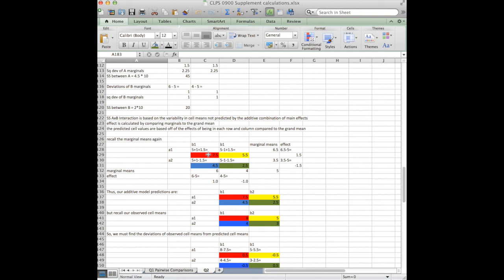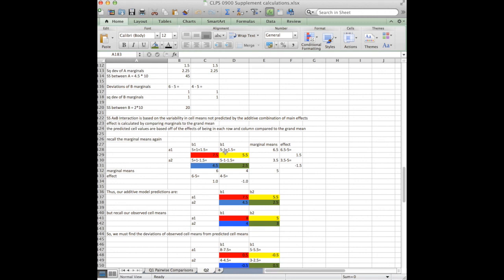We do the same thing for each of the cells. Here, grand mean of 5, and since we're in this cell, this effect is 1, and then minus 1.5 gives you a predicted cell mean of 4.5. Same thing here, grand mean of 5, and since we're in this row we add 1.5, and since we're in this column, minus 1.